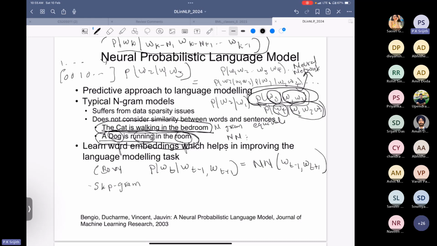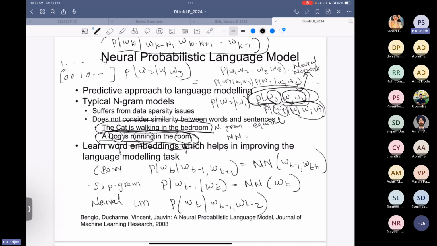And in the case of skipgram, you try to model the probability of some W_{t-1} given W_t, again using a neural network which considers W_t as input. And in this neural language model, the task that you're trying to solve is the probability of W_t given W_{t-1} and W_{t-2}, which you try to model as a function of a neural network.